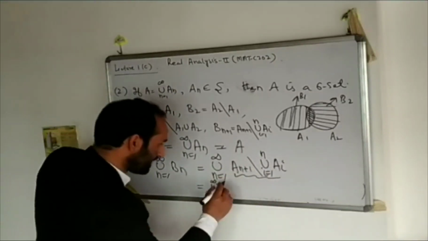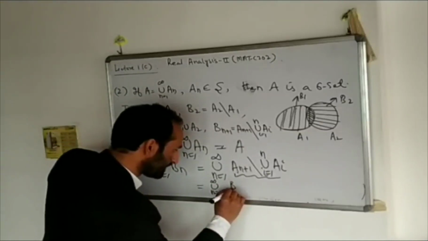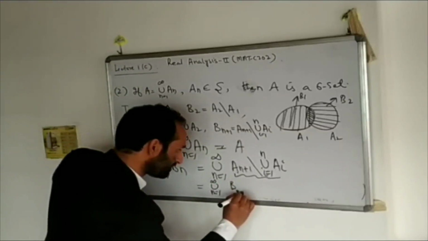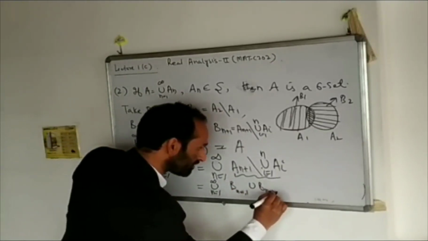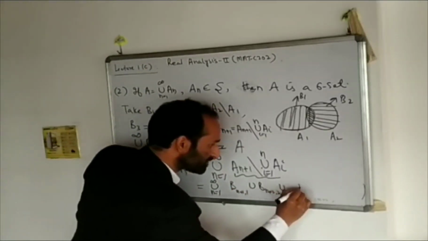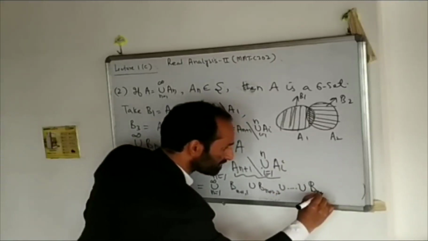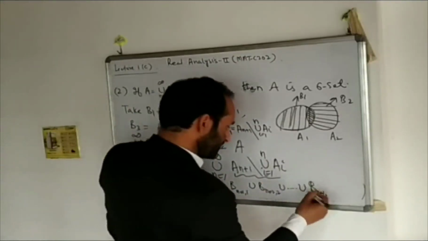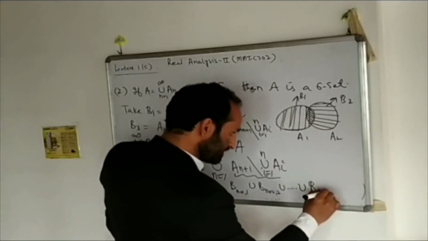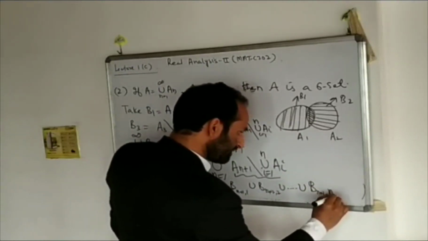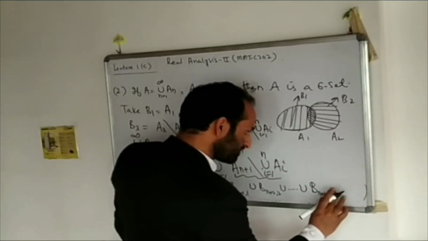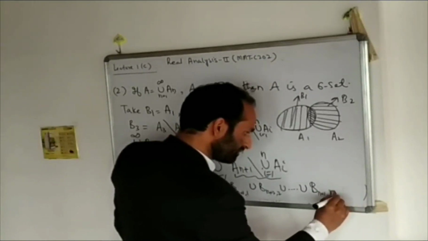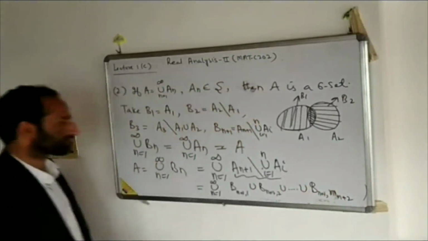So we can write it like this: B(n+1,1) union B(n+2,2) union so on, union B(n+1, m(n+2)), let me write here the last term, m(n+2).